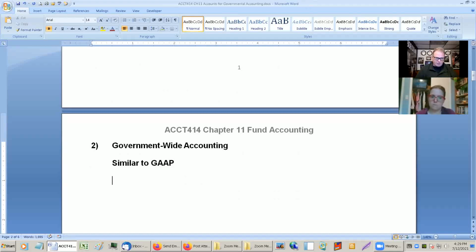And you will have long-term assets. Okay. You will have long-term liabilities. And you'll have expenses, including depreciation expense. Mm-hmm.